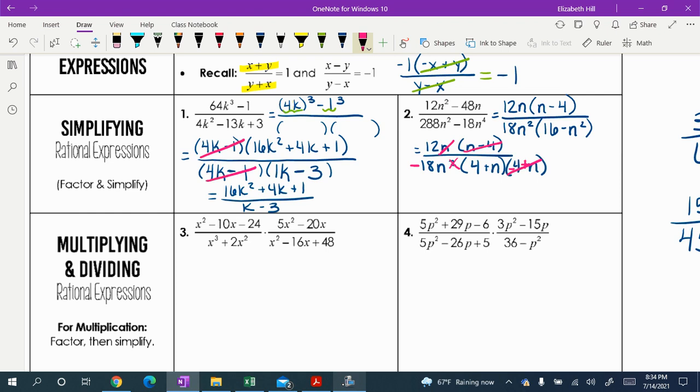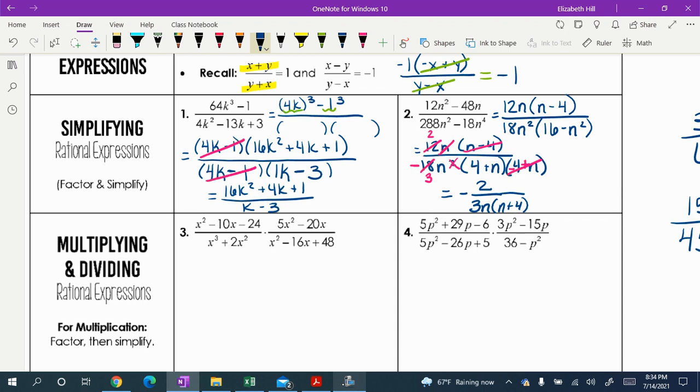The 12 over 18 right here, we can simplify that down. And we can divide 12 and 18, or divide both of those by 6. So that 12 is going to turn into a 2, and the 18 will turn into a 3. And so this is going to leave us with negative 2 over, and then it looks like we're left with 3n times, and I like to write it as n plus 4, but you could do 4 plus n as well.